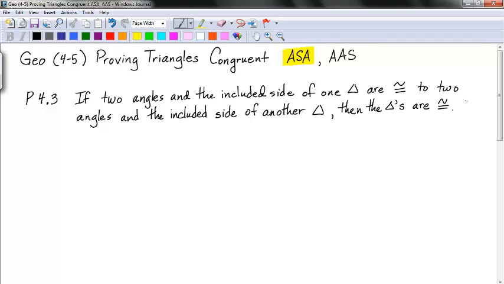Okay, and label that. That's angle, side, angle. So don't use the postulate 4.3. Instead, say angle, side, angle when you're doing your proofs.